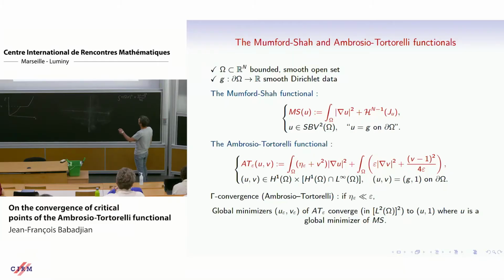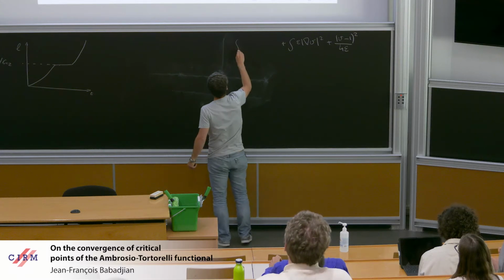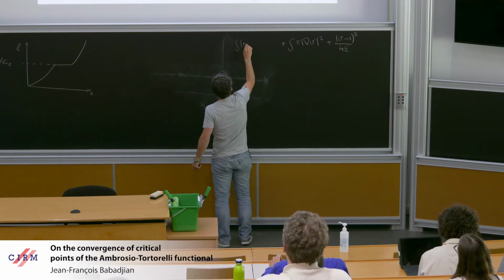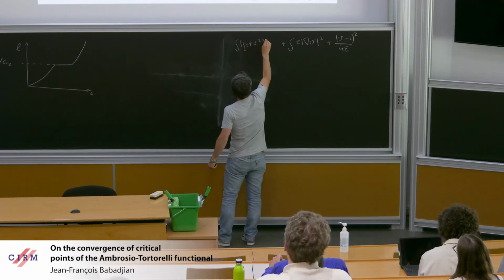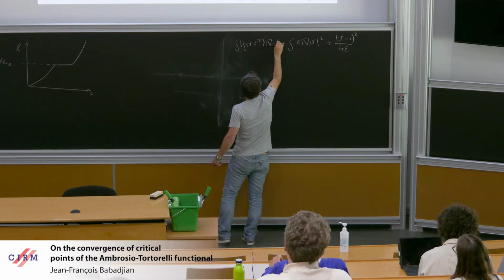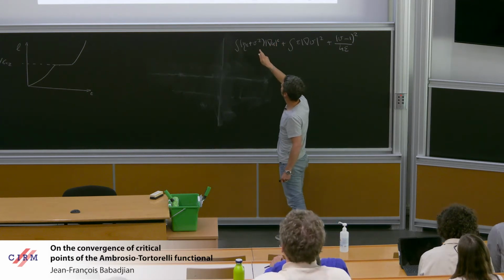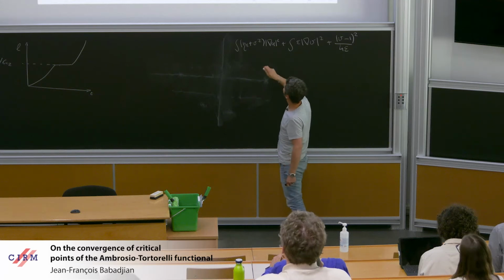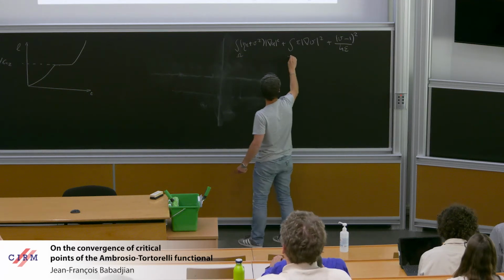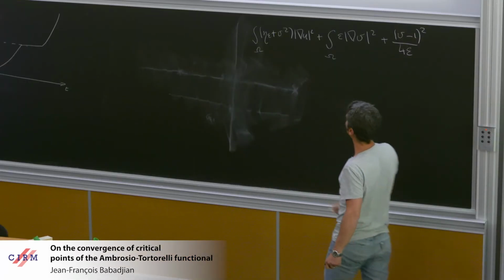But there is a coupling term between U and V. U is the same as in the Mumford-Shah functional. And this coupling term makes it optimal that V should not be equal to 1, but equal to 0 in the portion of the domain omega where the gradient of U is not 0.